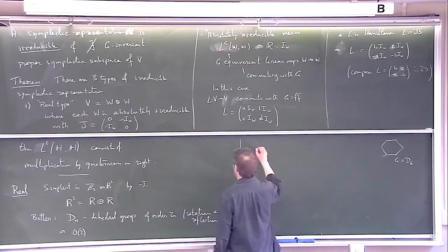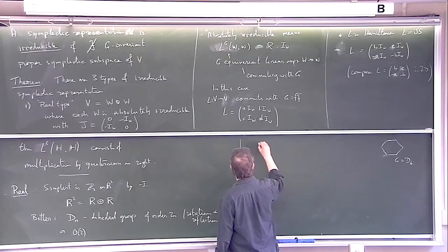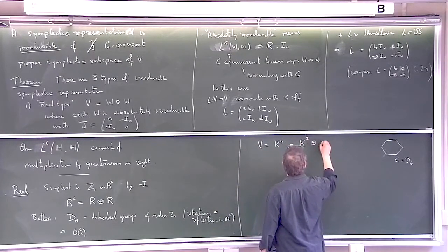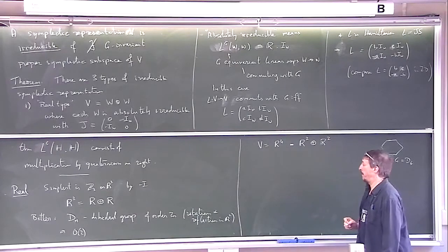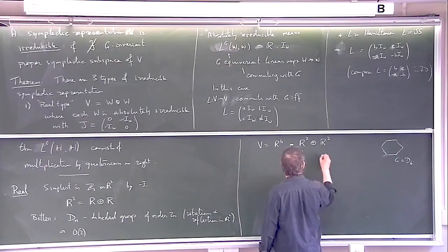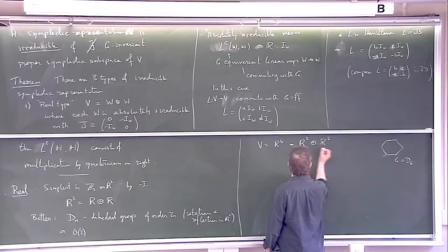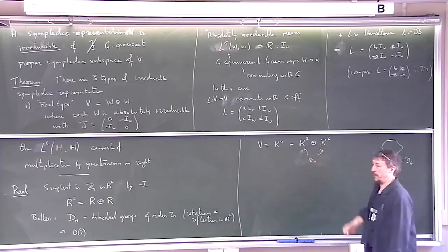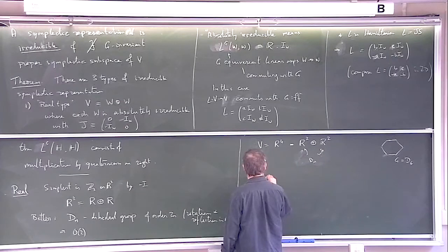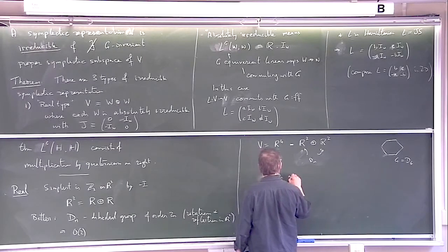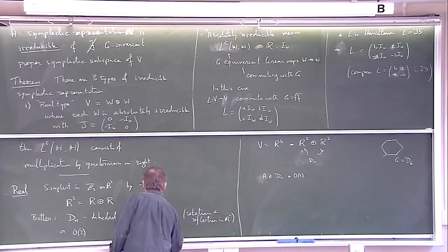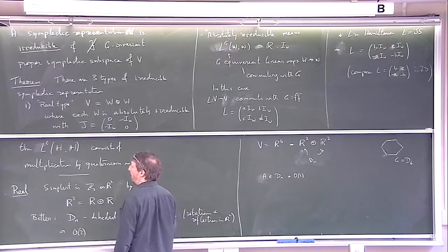In this case, with Dn acting on both copies, again, this is for n bigger than 2.